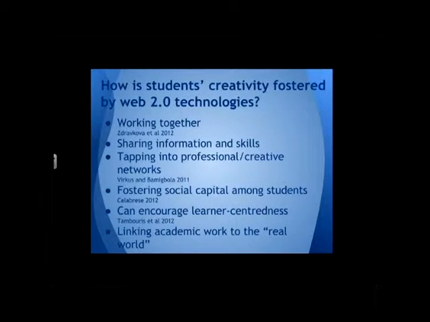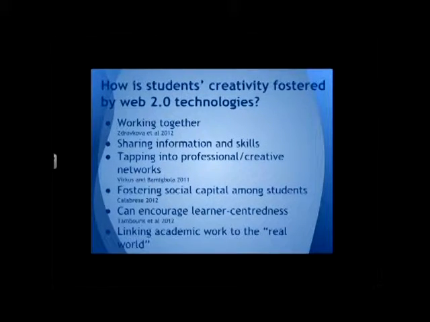Sharing information and skills, tapping into professional and creative networks through LinkedIn and so forth. Fostering social capital among students, so beginning to build up a reputation, a profile online, which they can then take forward when looking for work and looking to meet other like-minded people.